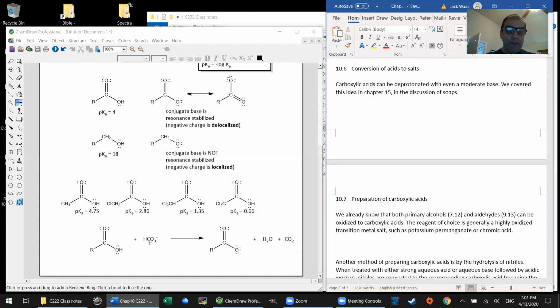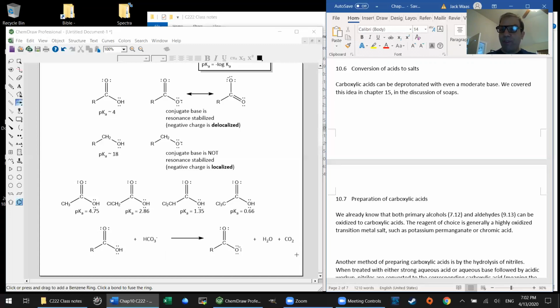But the bicarbonate ion is not a very strong base. I think carbonic acid has a pKa rounded about 9 or 10, somewhere in there. But whatever the case, this base will pull off the proton from the carboxylic acid and make H2CO3, carbonic acid. Carbonic acid is pretty unstable and it breaks up pretty quickly into water and carbon dioxide.